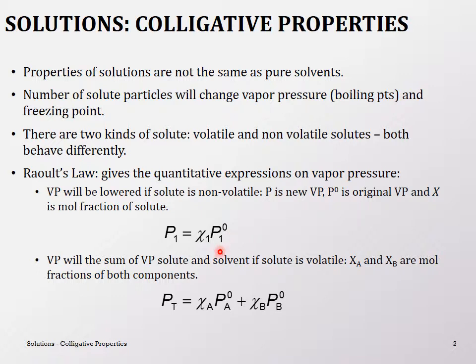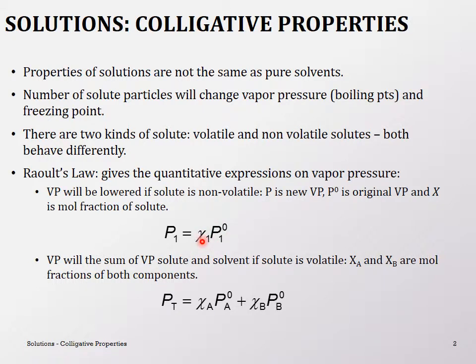The mole fraction of the solvent will be different if you have a solute dissolved in it, and that's why we deal with mole fractions to figure out colligative properties. So again, this is the new vapor pressure, this is the original vapor pressure, and this is the mole fraction of the solvent.